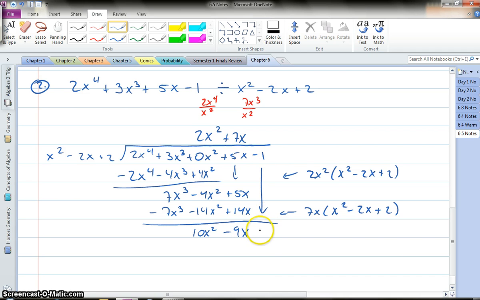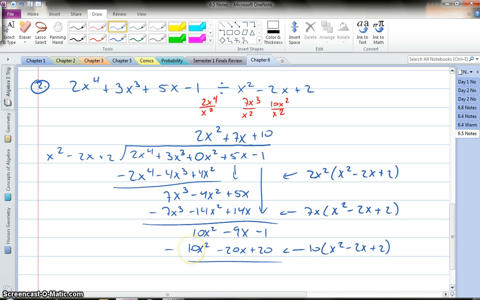Bring down your next term. So I have 10x squared divided by x squared gives me plus 10. Multiply it out. So you have 10 times x squared minus 2x plus 2 gives me 10x squared minus 20x plus 20.